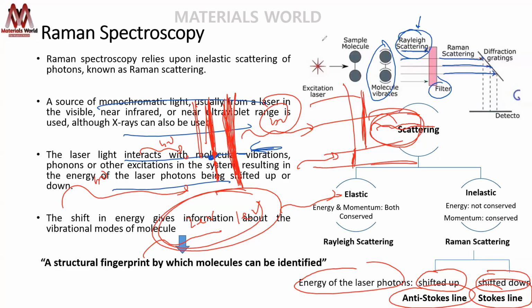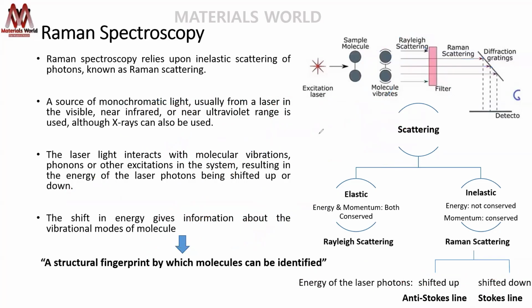And actually, if you remember, in Raman spectroscopy, our energy is hν or hc by lambda. hc is a constant, so we can write E is directly proportional to 1 by lambda. We take this 1 by lambda as the wave number, nu bar.